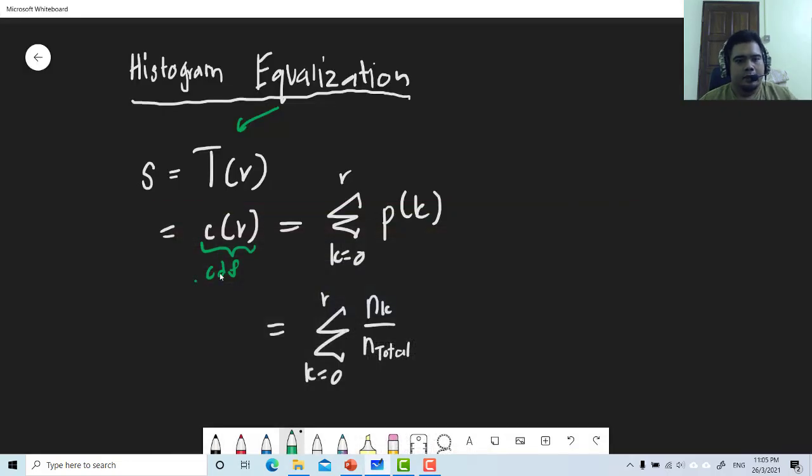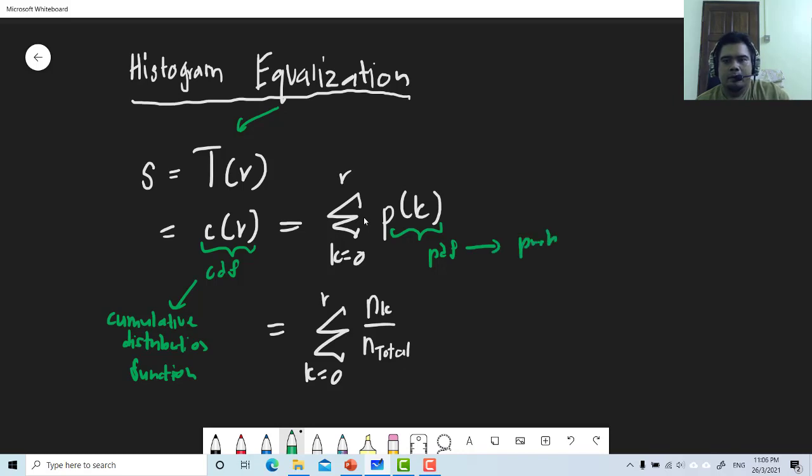Actually, it's not a problem to call it a cumulative density function, because if you remember, this cumulative distribution function comes from the summation process of your P over here, where this P is actually your PDF, also known as the probability distribution function.